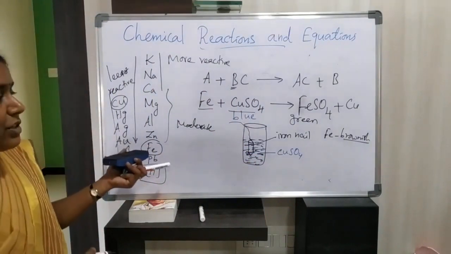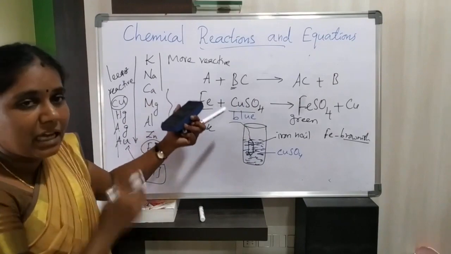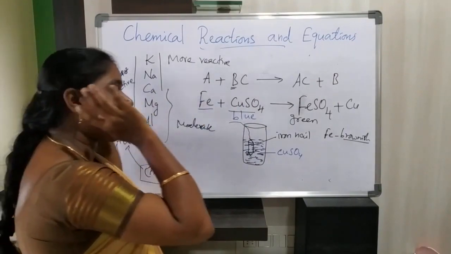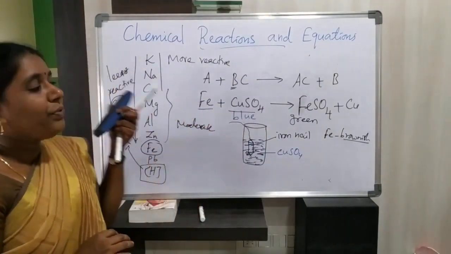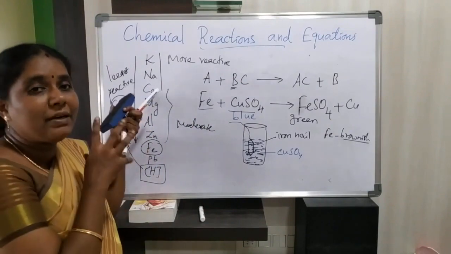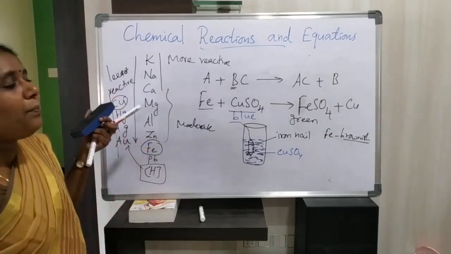So in this reaction, when this iron nail reacts with copper sulfate solution, the blue color copper sulfate solution changes into green color and iron acquires a brownish look. So why does this reaction happen? Here iron is more reactive than copper.